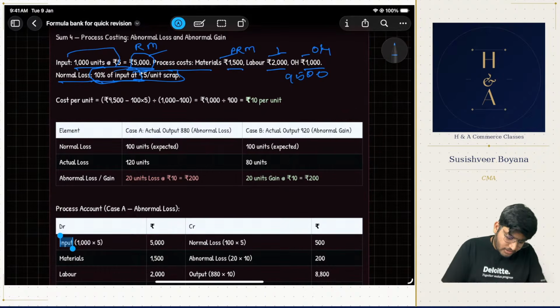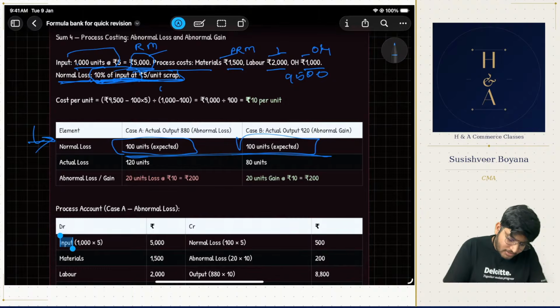What should we understand? Normal loss, is it given? Yes, it is. Normal loss expected in case A and case B is 100. That means 10% of input is normal. The input is 1,000, so 10% is going to be 100. Since this normal loss is expected, the value would be 100 into 5, right?